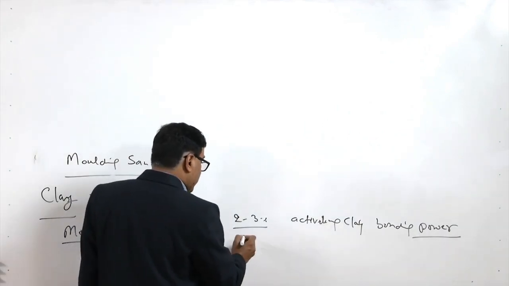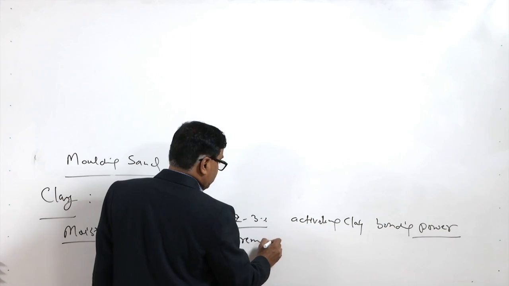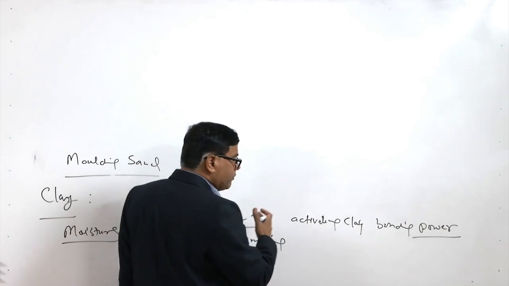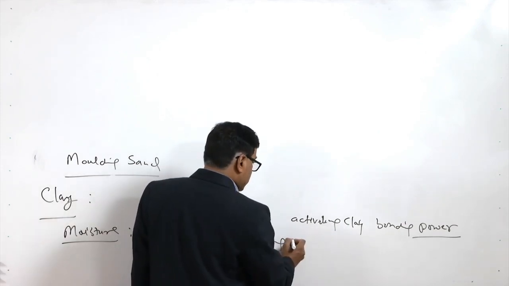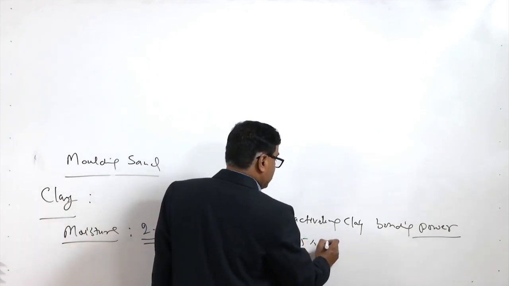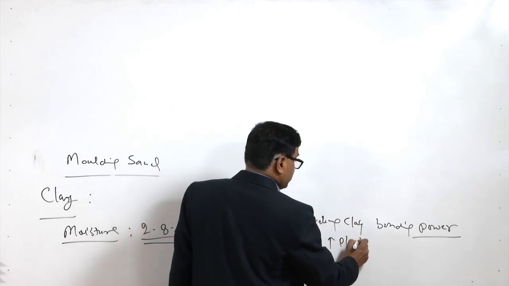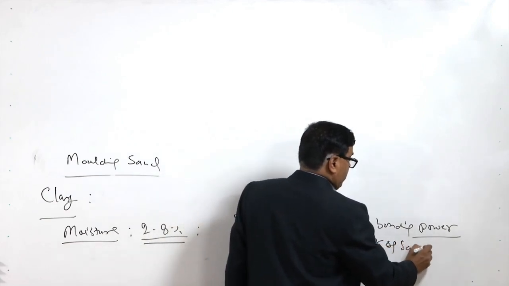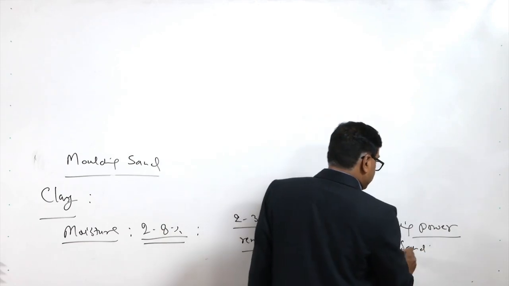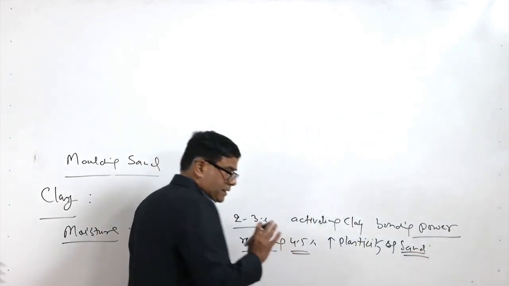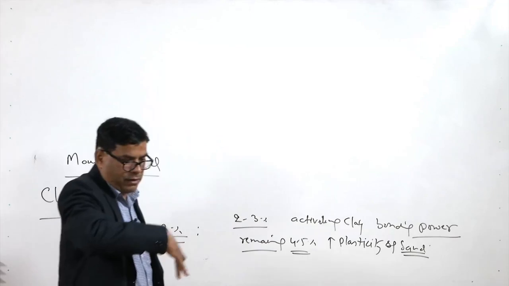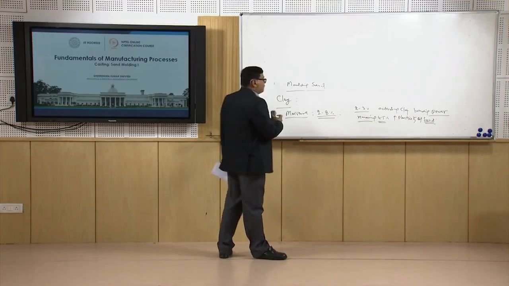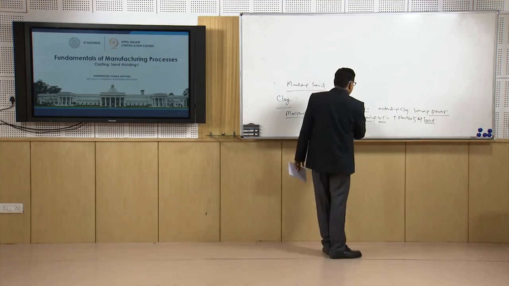And the remaining water, up to a limited amount, say the remaining 4 to 5%, helps in increasing the plasticity of the moulding sand, so that the sand follows the curve or the geometry of the pattern in order to achieve the fine intricate shapes which are desired in the casting.